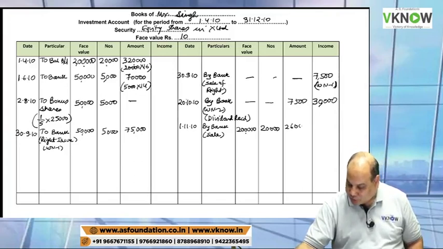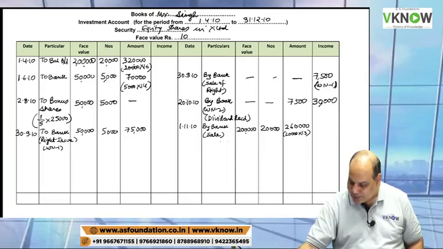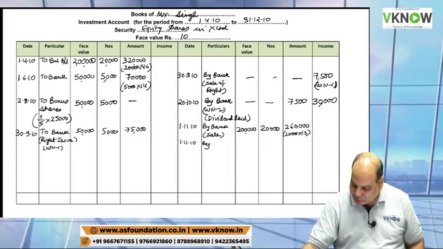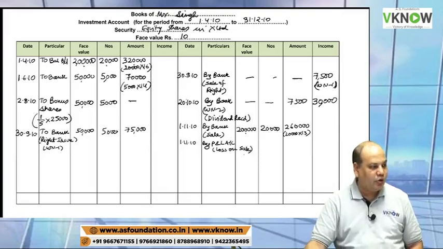So 2,60,000, that is 20,000 into 13. And on the same day 1/11/10, by P&L account, loss on sale. Write down loss on sale.